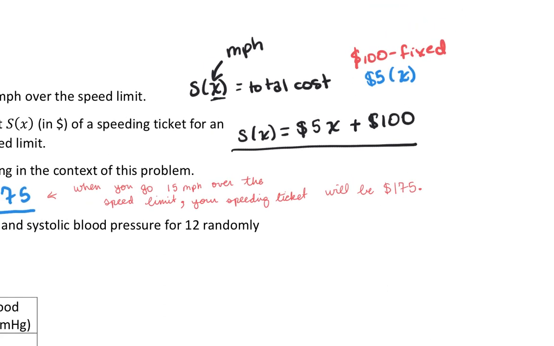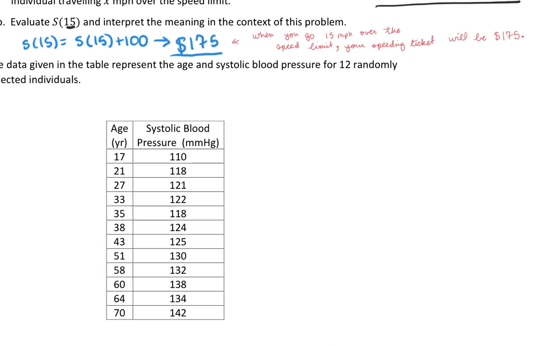So say the speed limit's, I don't know, 70 miles per hour. If you go 85 miles per hour and you get a speeding ticket for it, it'll be $175 of a speeding ticket. Alrighty, let's move on to the next problem.